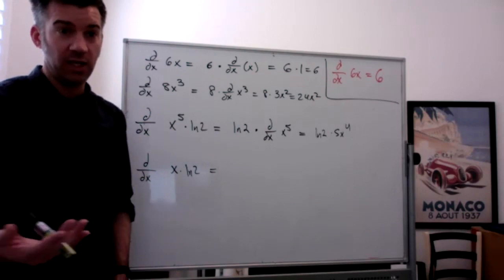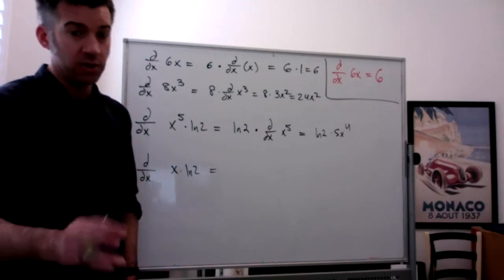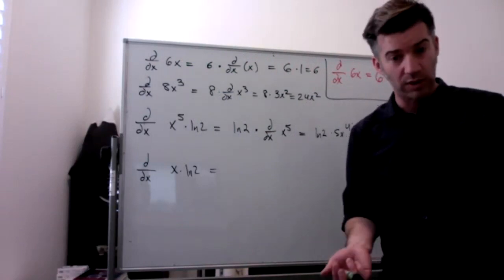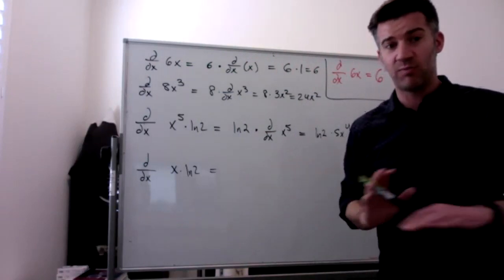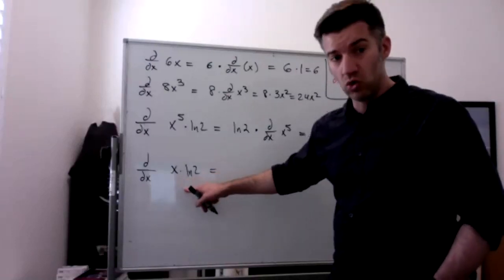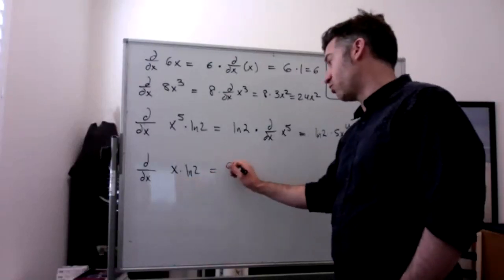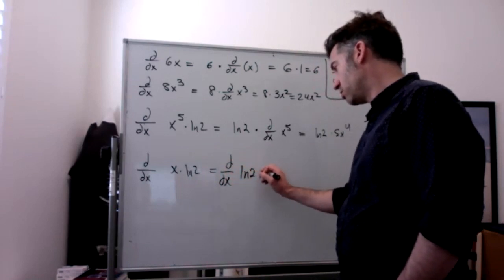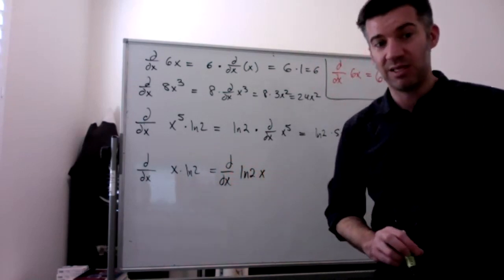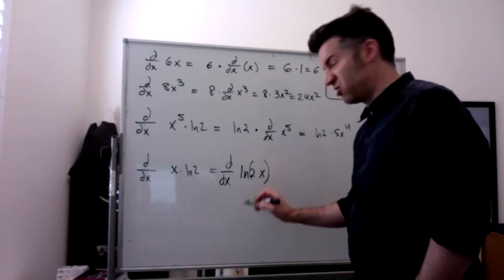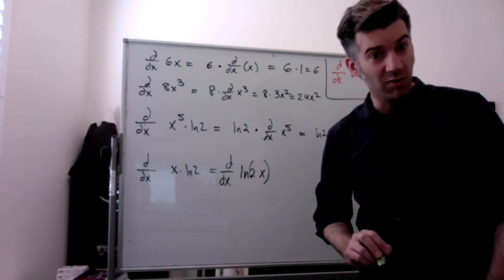Yeah. Order of multiplication is completely interchangeable. So the question being asked is, can we think of it as natural log of 2 times x? And yes, of course. Whenever you have things multiplied together, it's perfectly fine to write them in the other order. The reason we write it like this usually is because if you write it the other way, people often make the mistake of thinking you mean the natural log of 2x, which we don't mean.